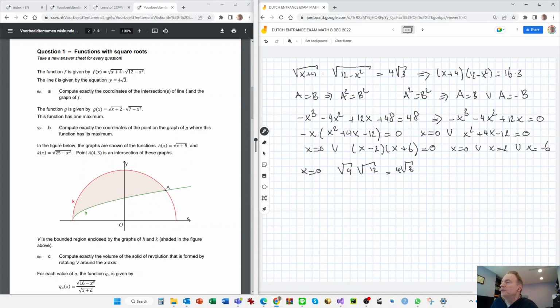Yeah, so this is 2, and this is 4 times the square root of 3, so this is a solution. For x equal 2, we get the square root of 6 times the square root of 8, and again, it's fine.